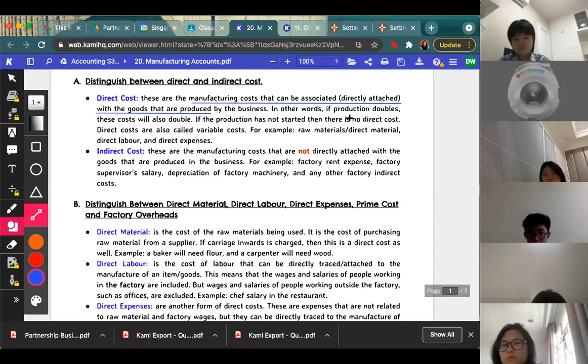If the goods exist, then this cost exists; if the goods are not produced, then this cost does not exist. Direct costs are also called variable costs. For example, raw materials, or direct material, direct labor and direct expenses.